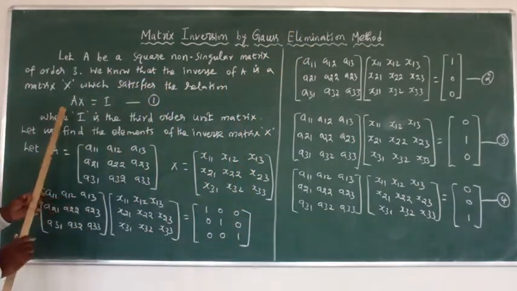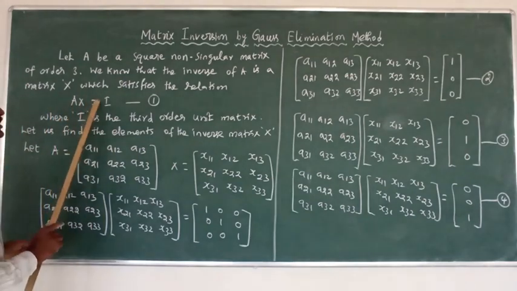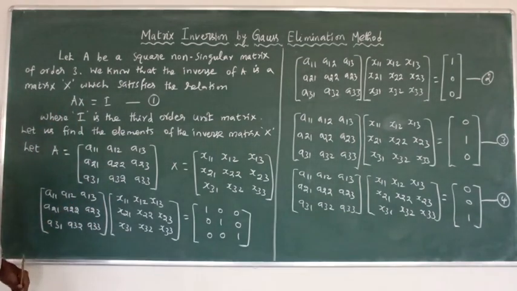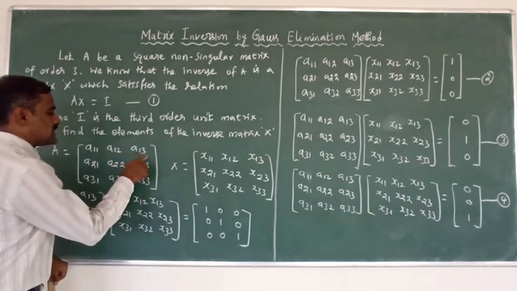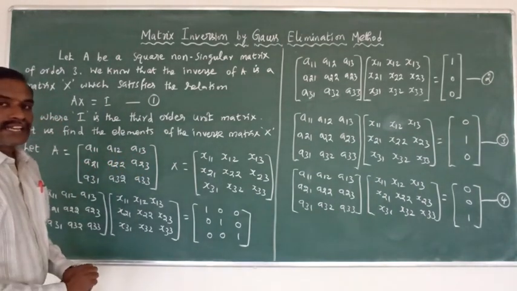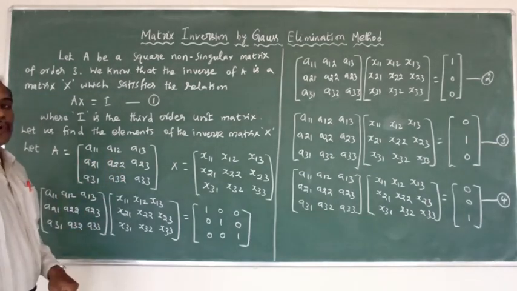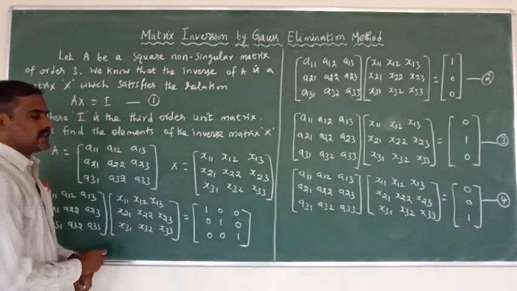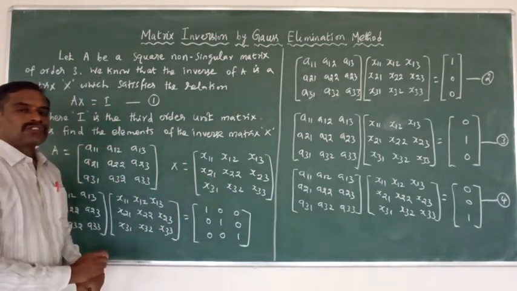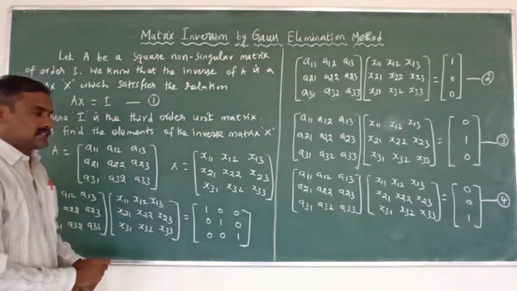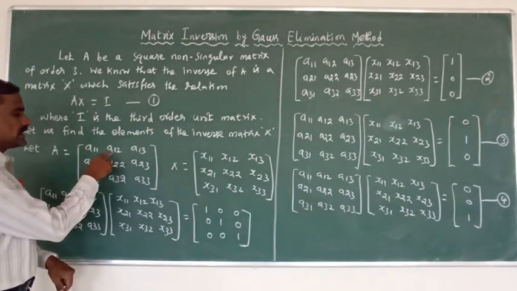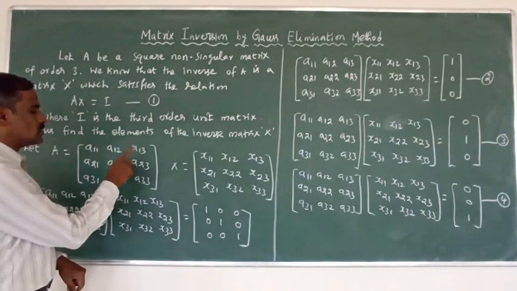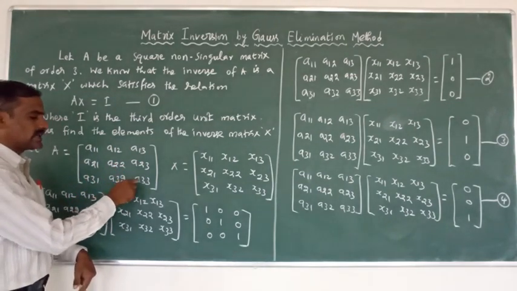For that, we can use the formula AX equal to I. Here A stands for a 3 cross 3 non-singular square matrix, and X is also a 3 cross 3 matrix. A has the elements A11, A12, A13, A21, A22, A23, A31, A32, A33.